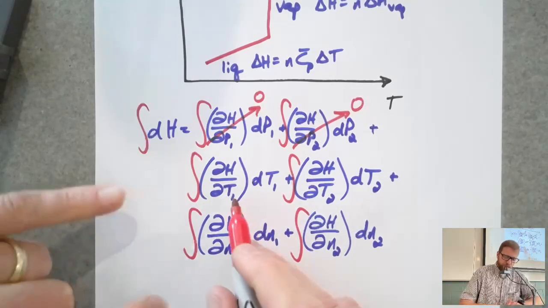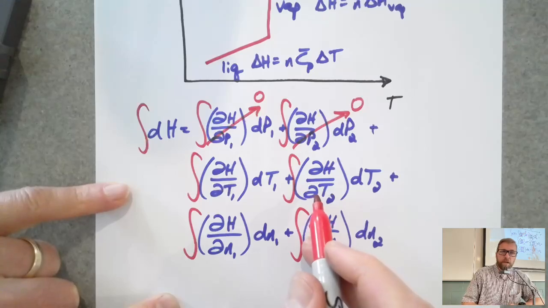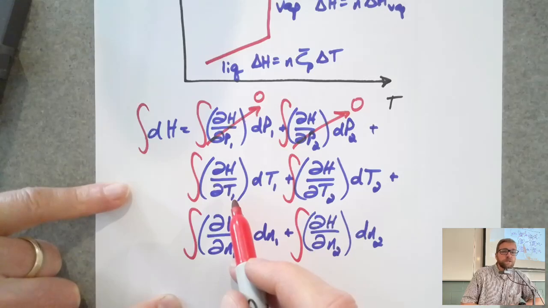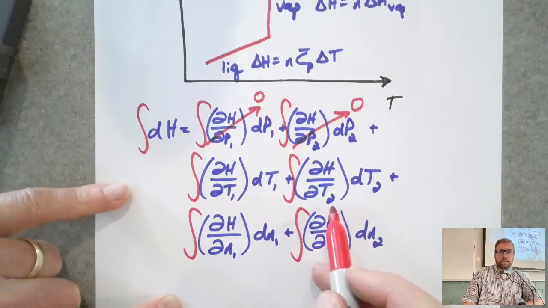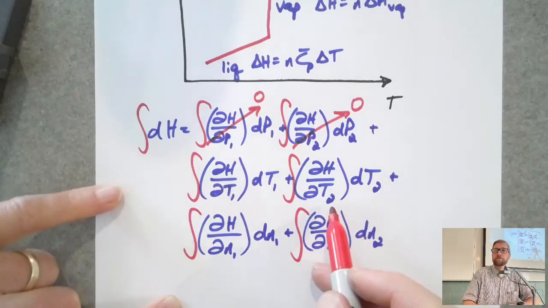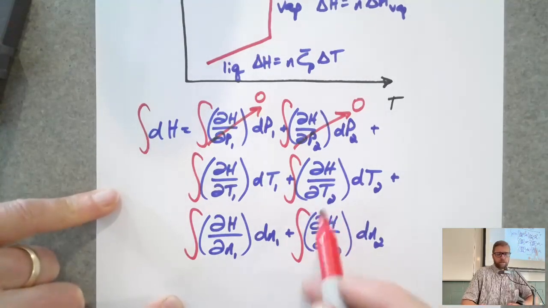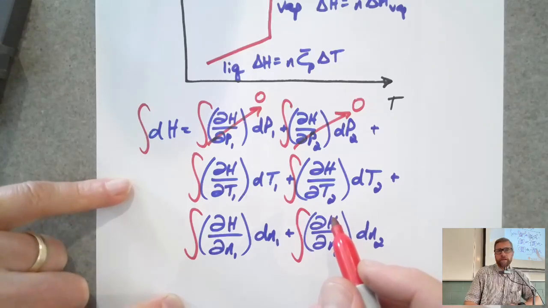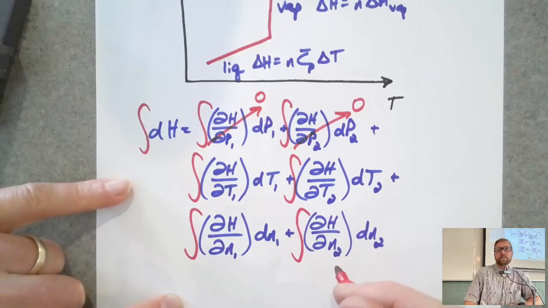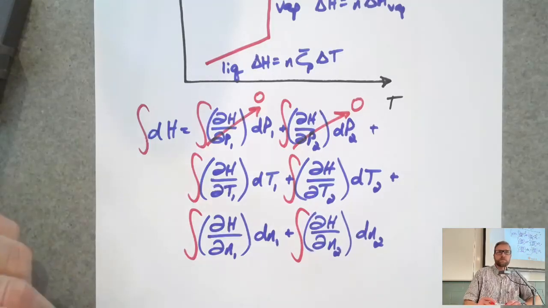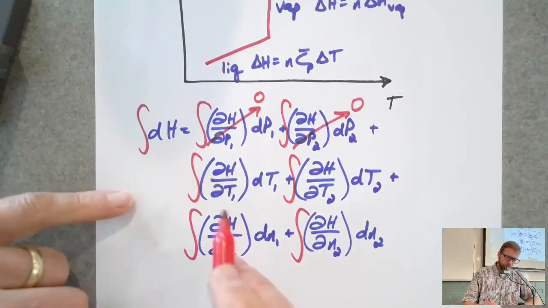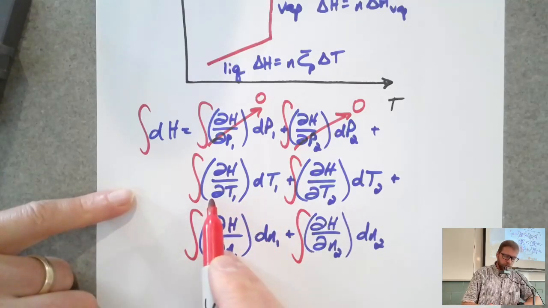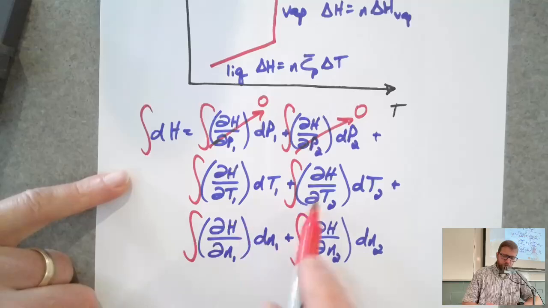So these two partial derivatives are just the heat capacities. This is the heat capacity for substance number 1. This is the heat capacity for substance number 2. And typically we don't just deal with heat capacities, we deal with molar heat capacities. So you have to multiply by N in order to get to the absolute extensive enthalpy changes.